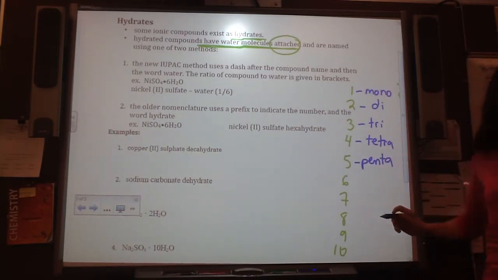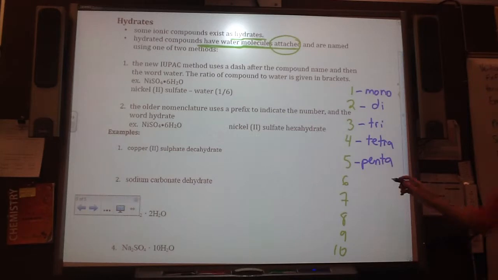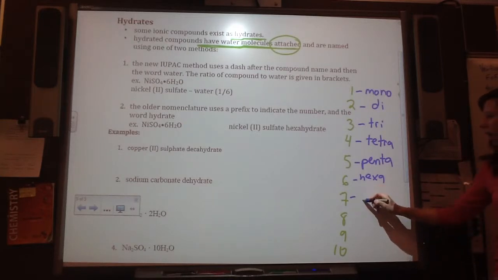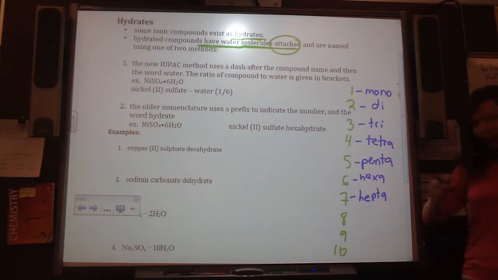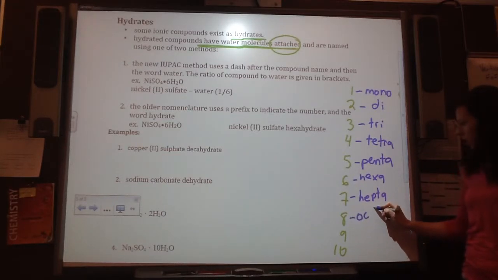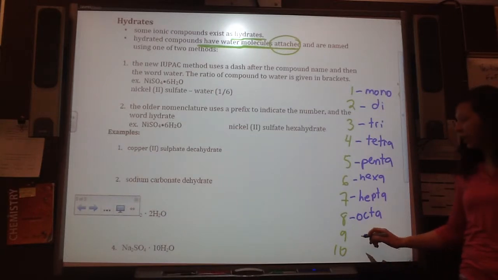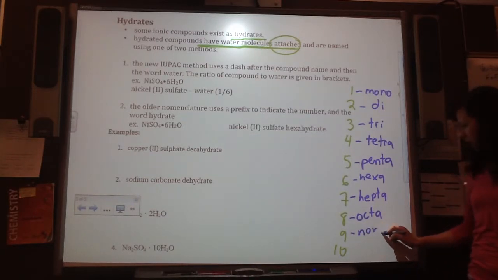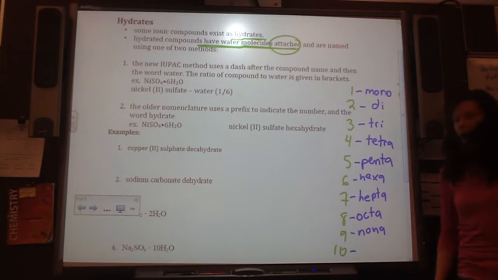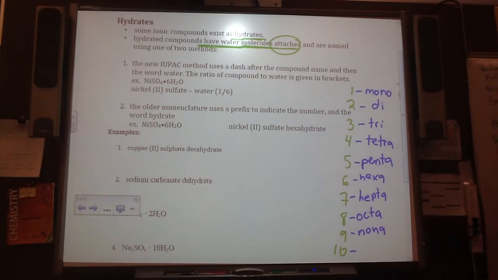I think 6 is hexa. Yep, 6 is hexa. 7 is hepta. Now 8 is octa. 9, nona. And 10 is deca.